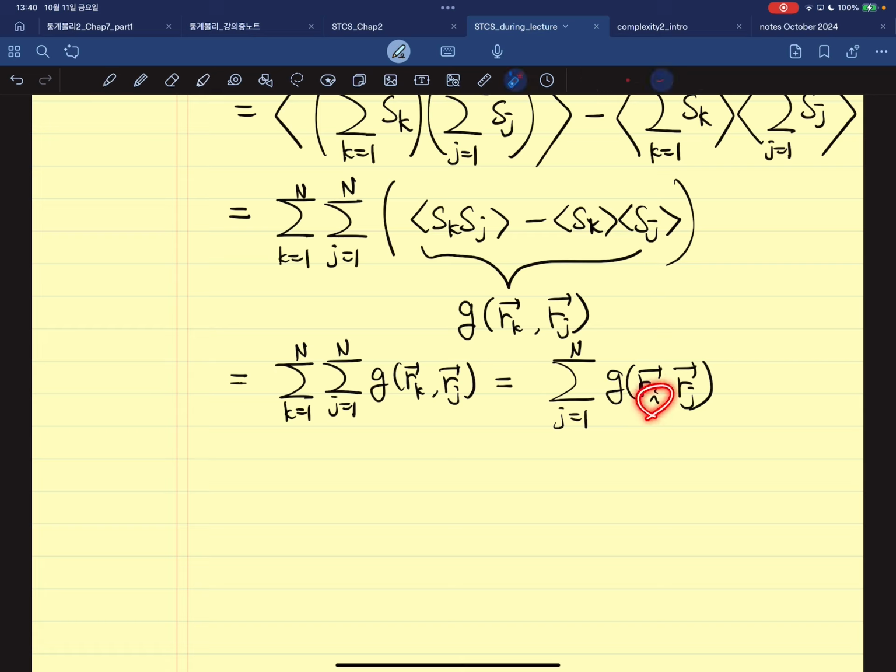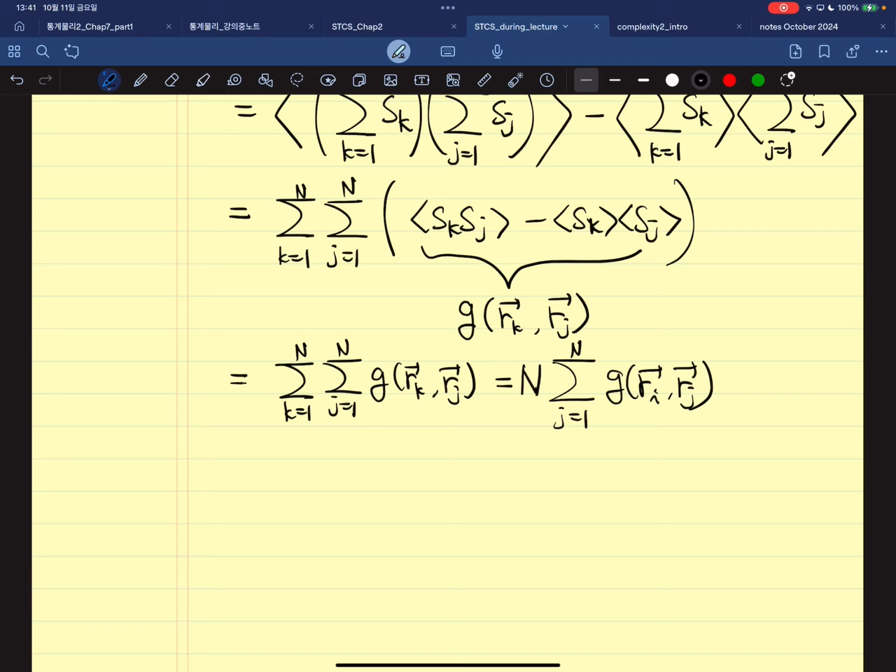So i is a kind of arbitrary location, but because of this unrestricted sum and the periodic boundary condition, it is possible. So in the very large size limit, we can convert this double summation into a single summation times N.